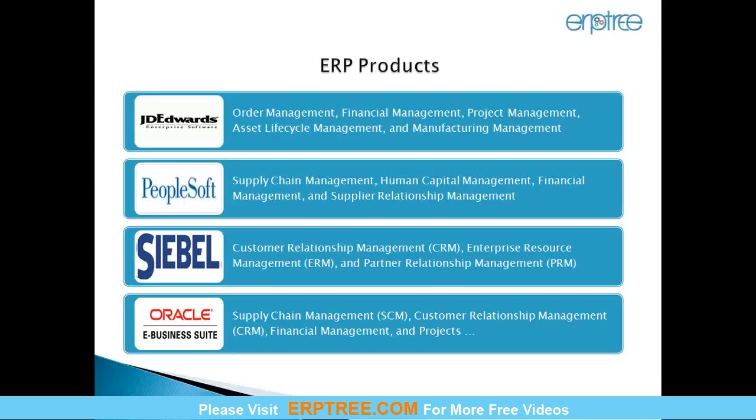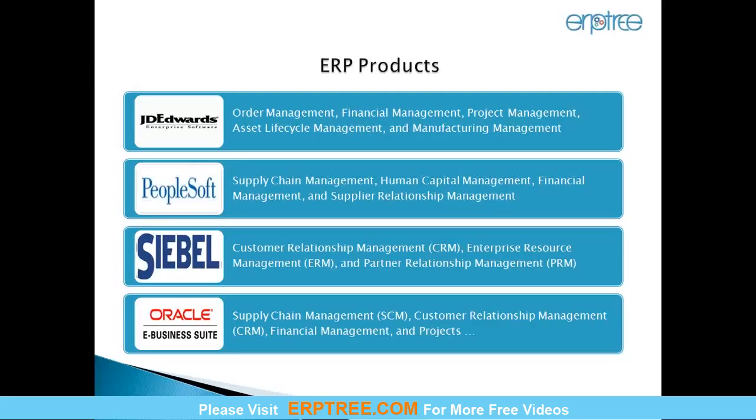If you look at a few ERP products here, the first one is JD Edwards. JD Edwards is offering solutions for order management, financial management, project management, asset lifecycle management, manufacturing management, and many other solutions. PeopleSoft also offers supply chain management, human capital management (HCM), financials, and supplier relationship management.